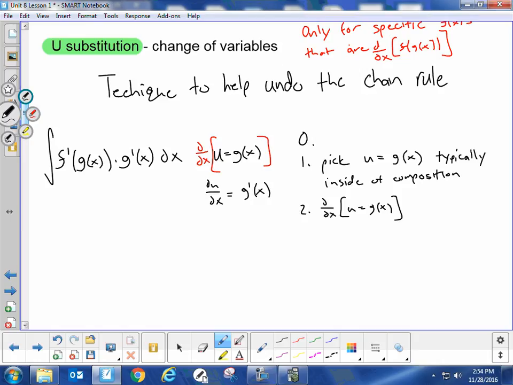This step right here, you're going to skip and you're going to go to the next piece, which is we are going to multiply both sides by dx. Why? Because I got a dx right here. And I'm actually going to replace that dx with something. So I'm going to multiply both sides by dx and have du equals g prime of x dx.